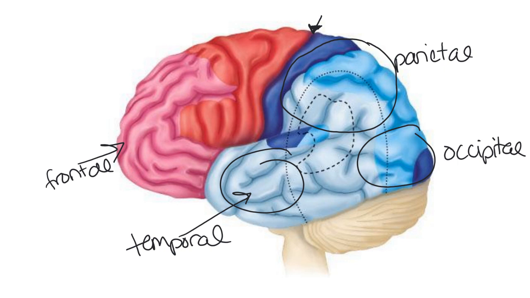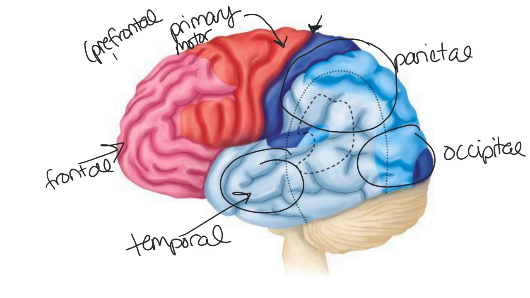So looking at these various cortex and areas, so starting with the frontal lobe, we have the primary cortex, which is this one right here, right? So that's our primary motor cortex. It's also sometimes called the precentral gyrus, because it's a gyrus right in front of that central sulcus.